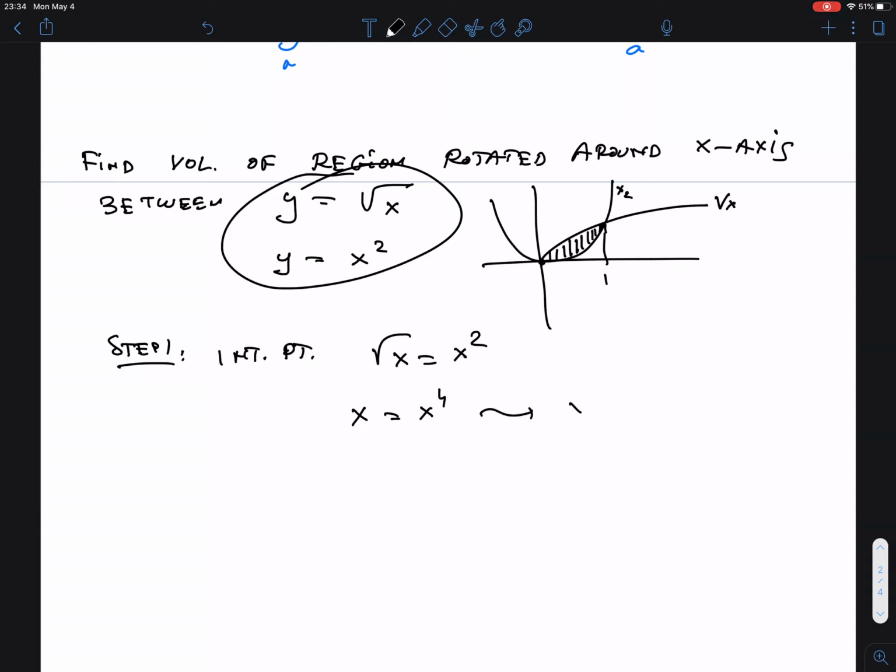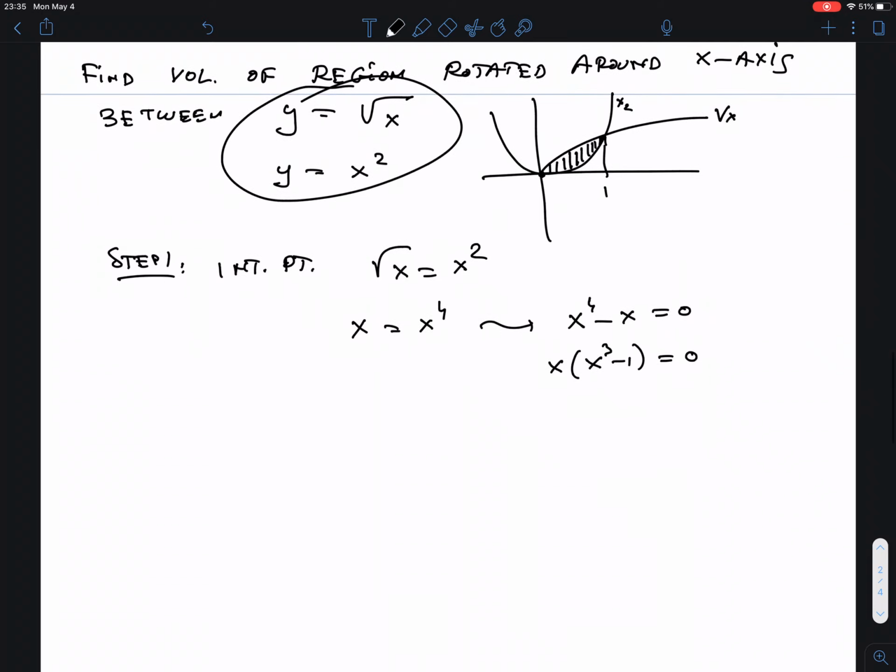So we have to factor this. x to the 4th minus x equals 0. We can factor out an x, and we have x cubed minus 1 equals 0. Now this is perhaps not so easy to factor, unless you notice that we have a difference of cubes. You can factor out an x minus 1, and what is left is x squared plus x plus 1.